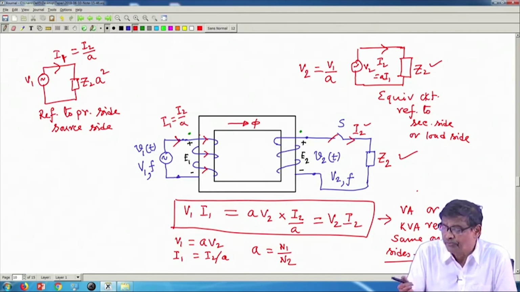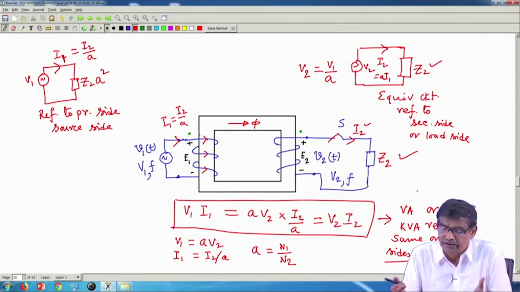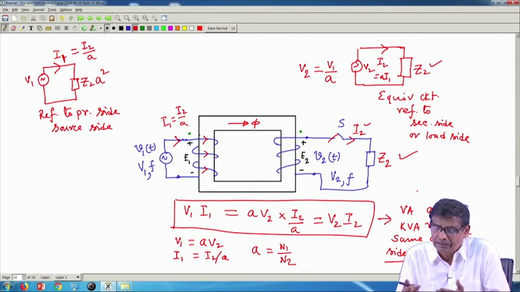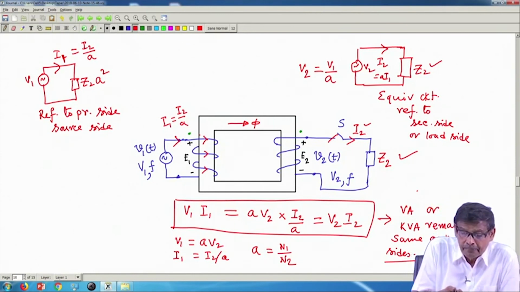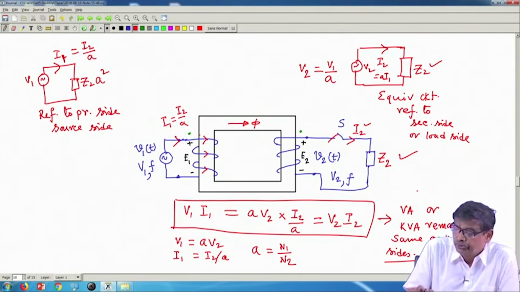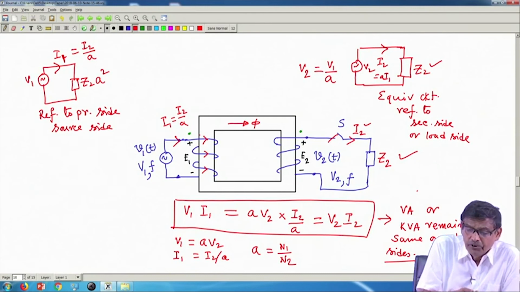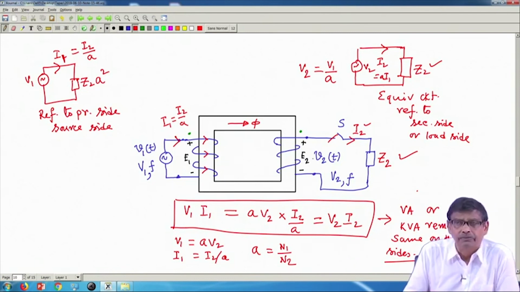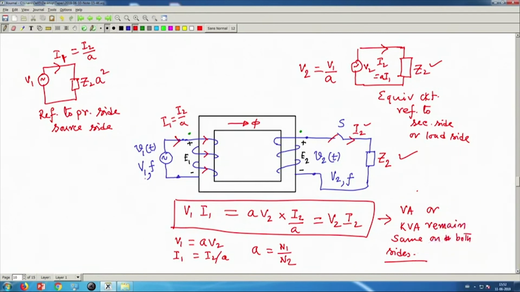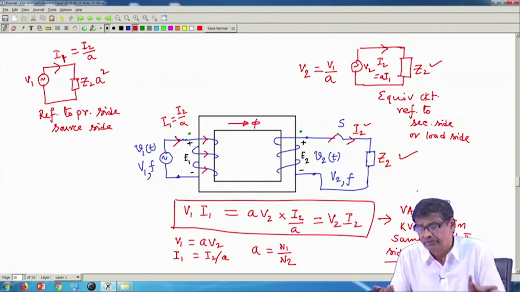It is true you have to find currents and voltages in all the parts of the circuit, but after knowing these relations exist, you can either choose this equivalent circuit from which you can get I 1, and if you wish you can always find I 2, then go back to the actual circuit and say this is I 1, this is I 2 and so on.